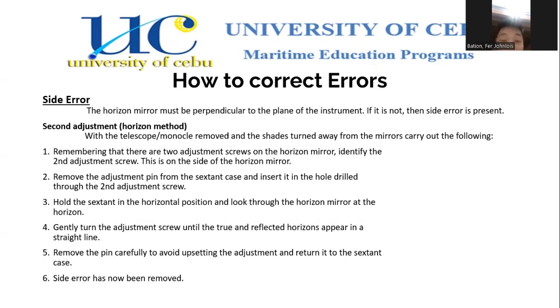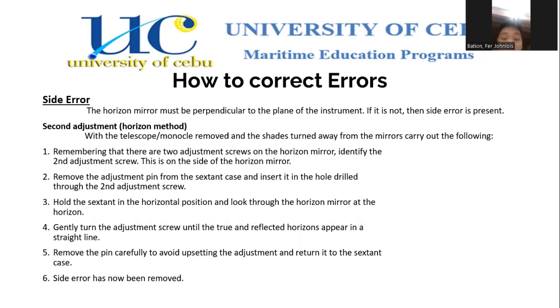Remove the adjustment pin from the sextant case and insert it in the hole drilled through the second adjustment screw. Hold the sextant in the horizontal position and look through the horizon mirror at the horizon. Then gently turn the adjustment screw until the true and reflected horizons appear in a straight line.